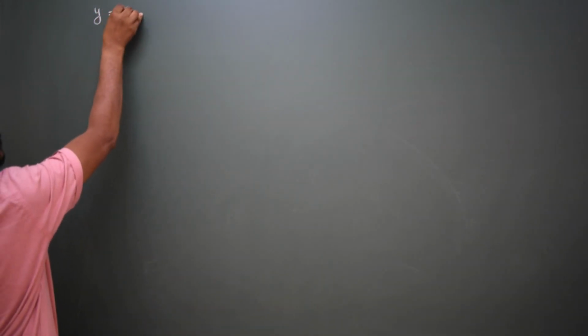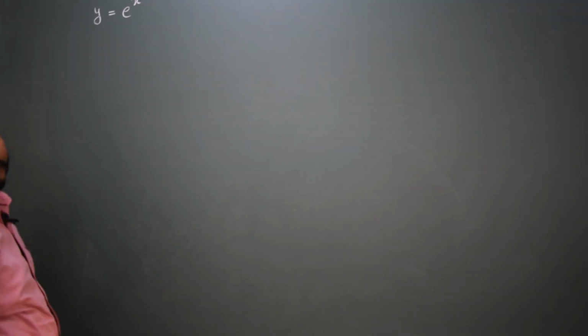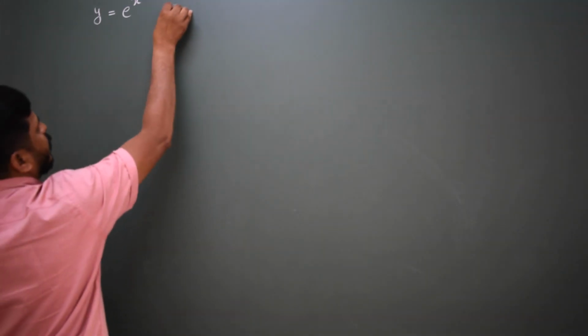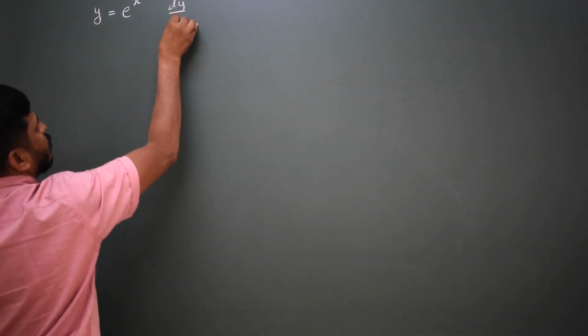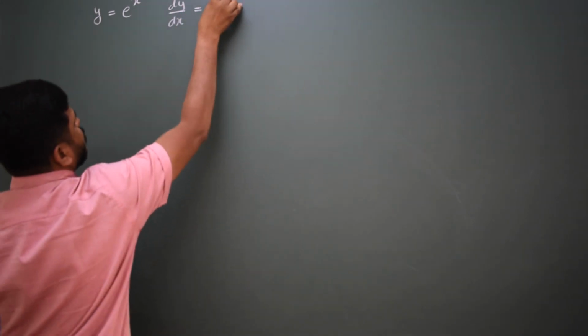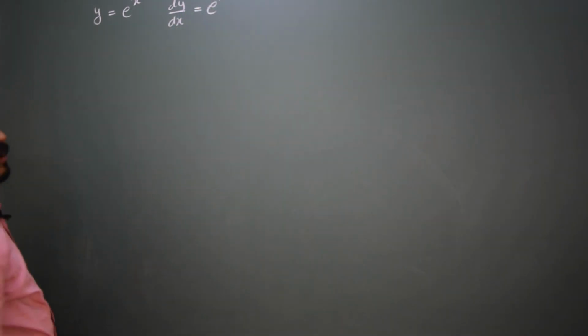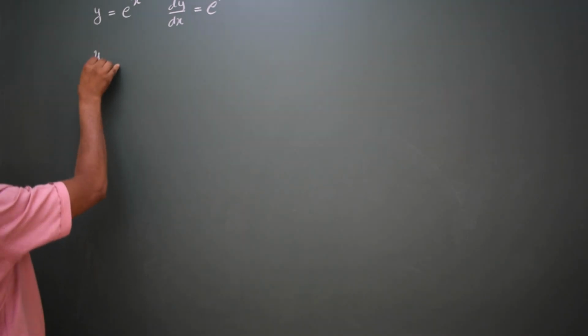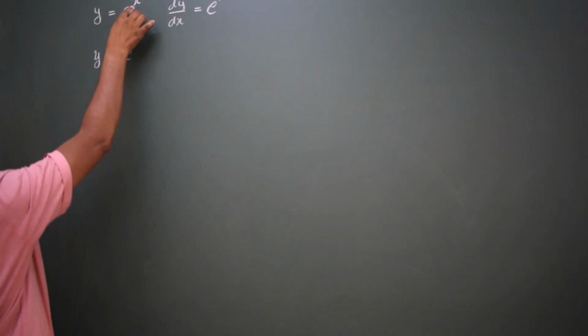What you studied is, the next formula what you studied is, y is equal to e raised to x, exponential function. Then dy by dx is equal to e raised to x, differentiation is e raised to x only. Now read this as y is equal to e raised to something, read x as something.